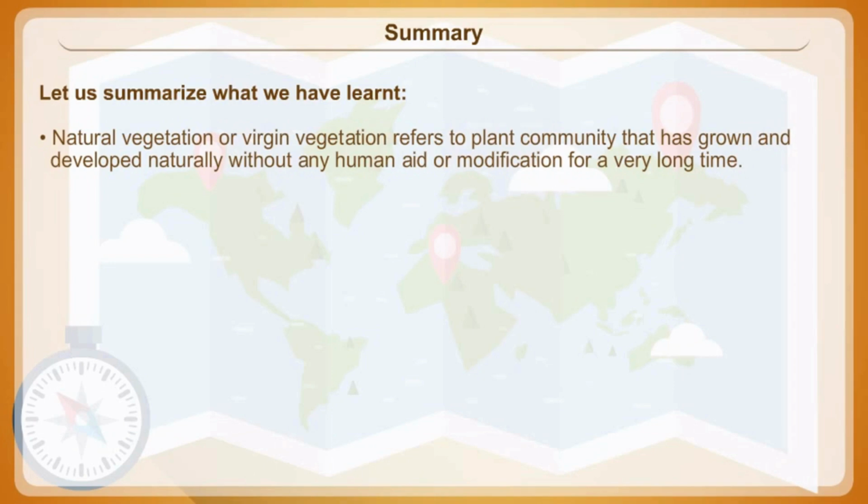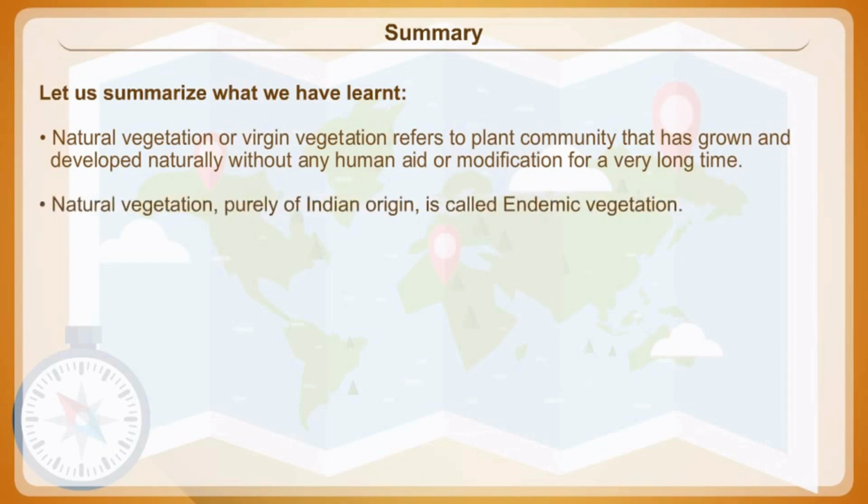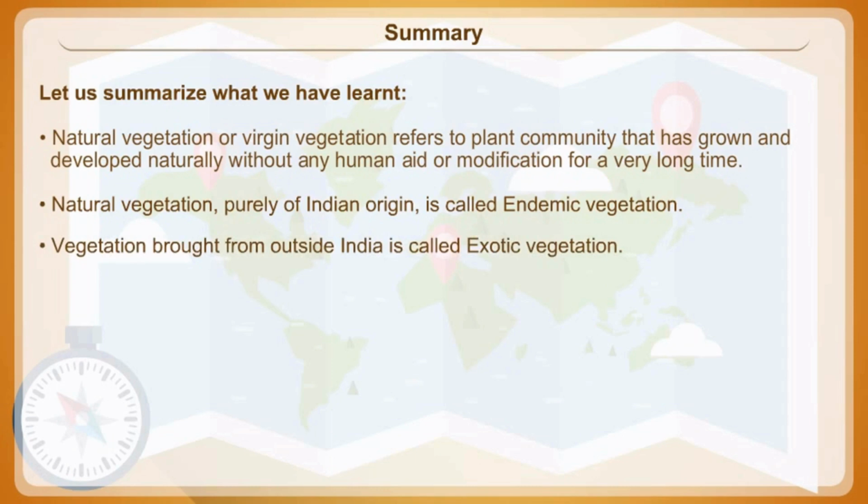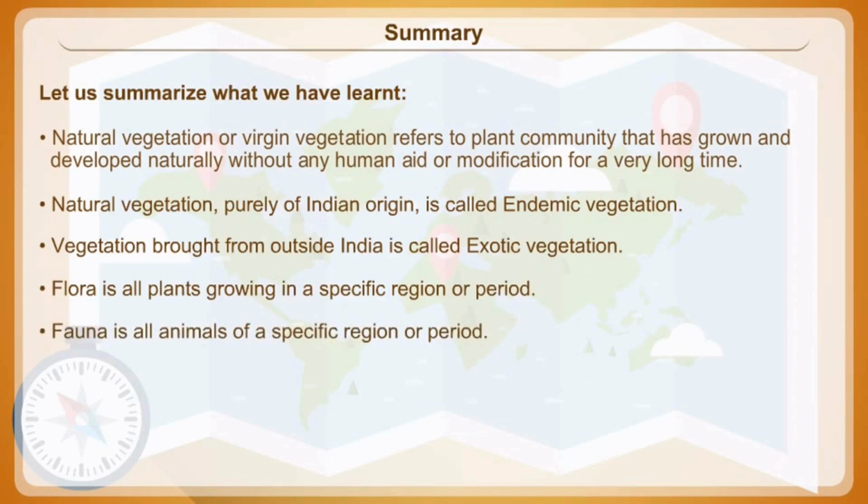Natural vegetation purely of Indian origin is called endemic vegetation. Vegetation brought from outside India is called exotic vegetation. Flora is all plants growing in a specific region or period. Fauna is all animals of a specific region or period.